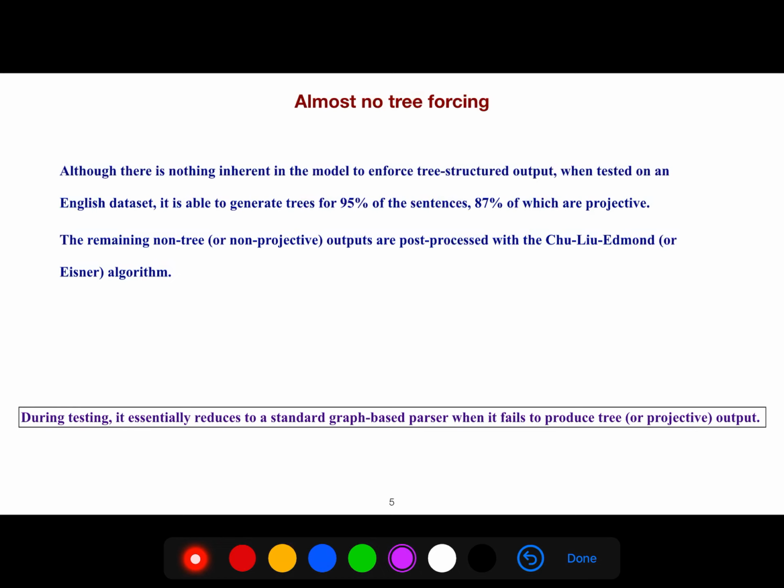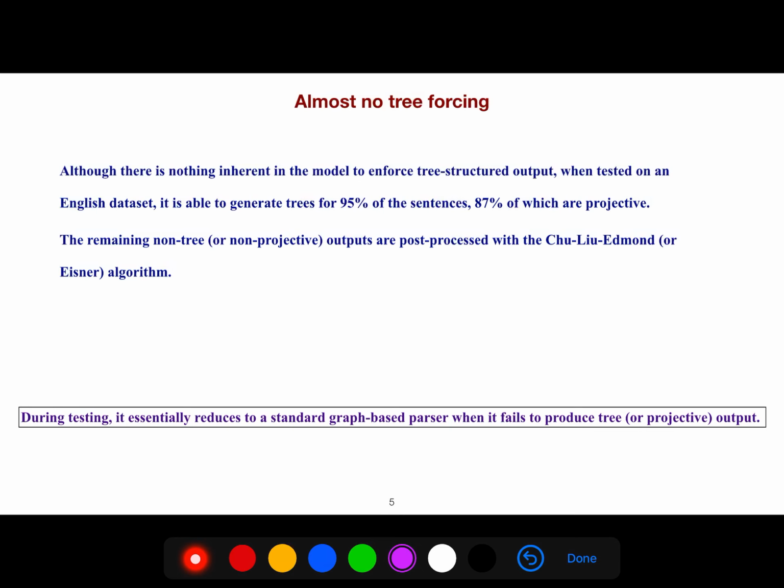For example, in Czech, most of the sentences are inherently non-projective, and also in morphologically rich languages like Japanese, Chinese and Dutch. But English is very simple. Most sentences are projective. Even the Eisner algorithm is enough for inference because it's projective most of the time.